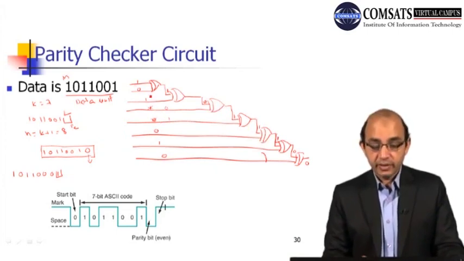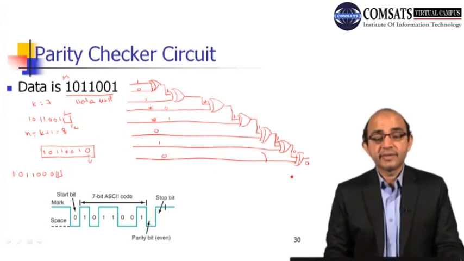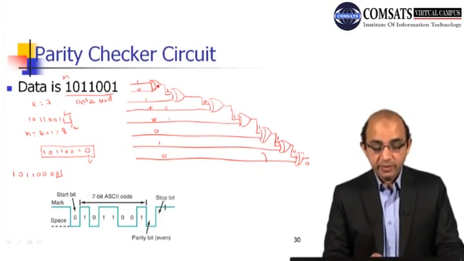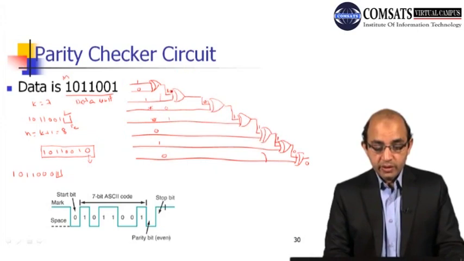So now this checker will again say that the data is correct, but actually it is not correct. So 1 0 1 0 1 1 1 0 0 0.